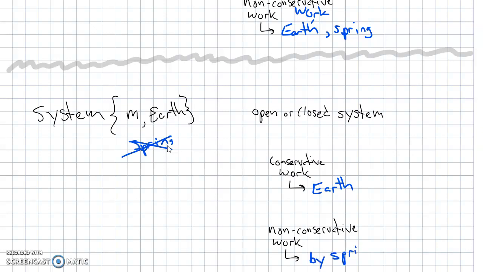And therefore, because this is an external agent to our system, our system only contains the mass and the Earth, and the spring is external to that. This is also an open system. It is influenced by external forces, and therefore it is open to those external forces and their influences.